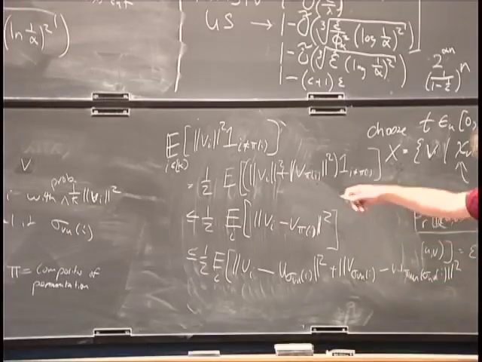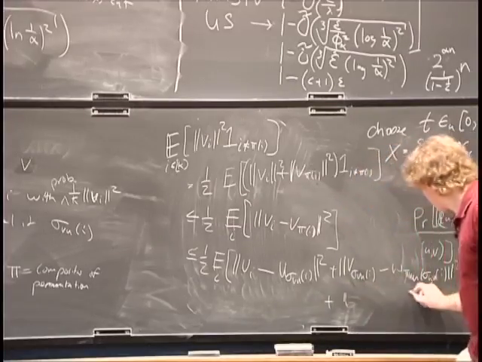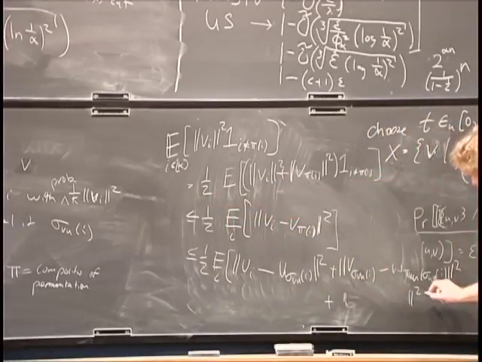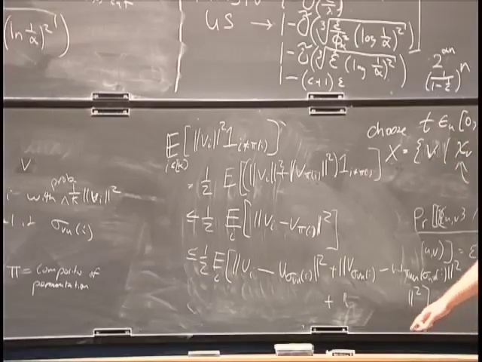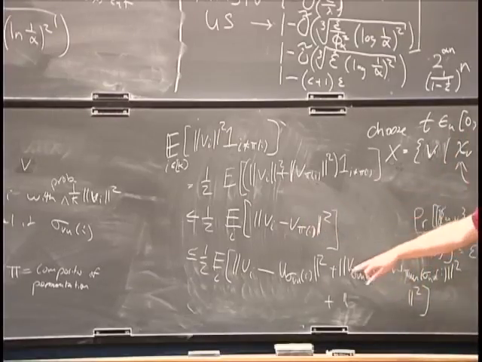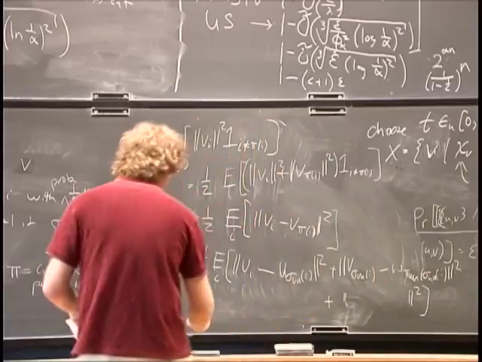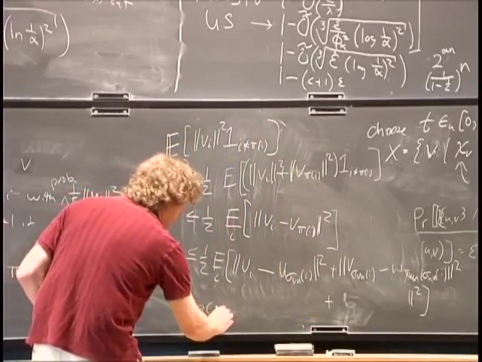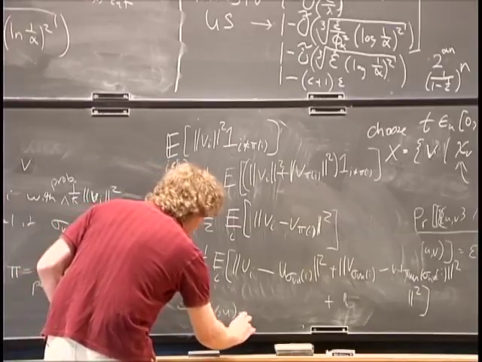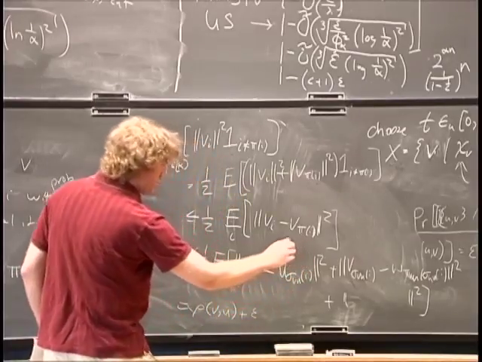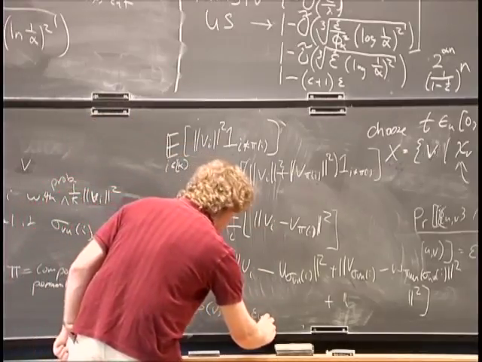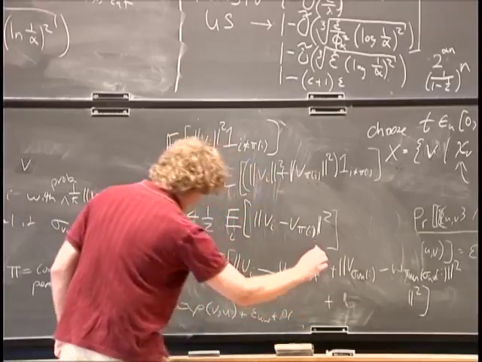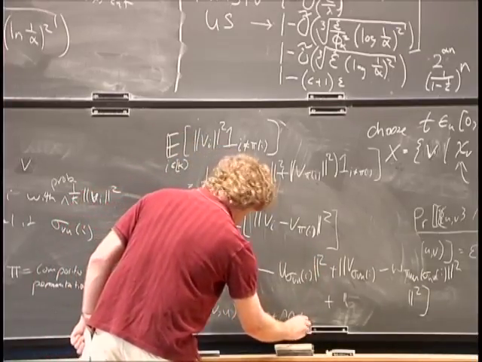And then plus the same thing for the third leg of the triangle. But this is just exactly rho VU plus epsilon UW plus rho WV.